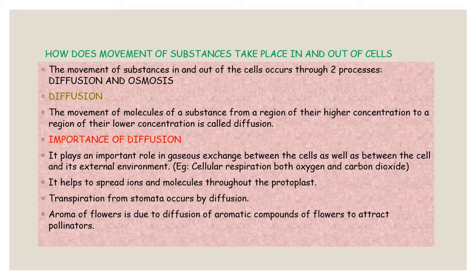There is movement of molecules from a higher concentration to a lower concentration. It can be any kind of matter. Here it is not specifying which kind of matter. So any kind of matter which moves from a higher concentration to a lower concentration is named diffusion. For example, in inhalation or exhalation, you have a higher concentration of oxygen outside, and inside it is lower in concentration.